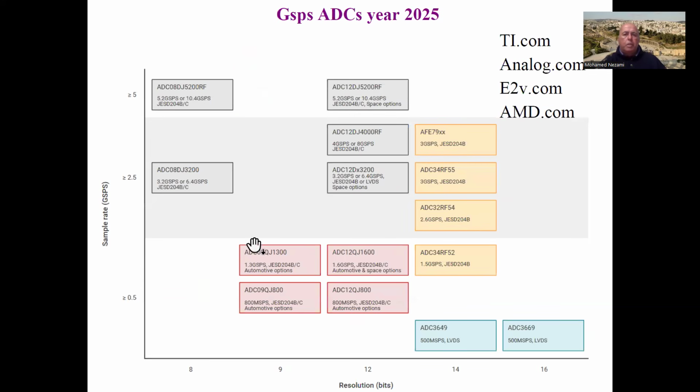So this here, I tried to find one. We've got ADCs and ADs with the numbers. These are the ADCs. TI uses ADC, and ADI or Analog Devices uses AD.